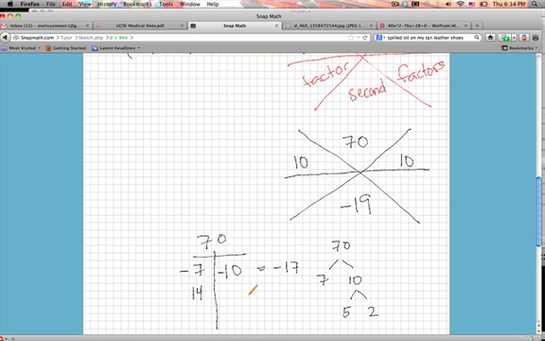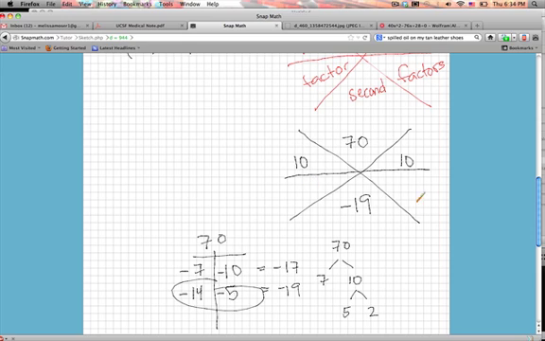So we know that 14, which is 7 times 2, times 5 multiplies to 70. Since they have to add to a negative number, they both have to be negative. And when you add negative 14 and negative 5, you do indeed get negative 19. So it looks like these are the factors that we're looking for.